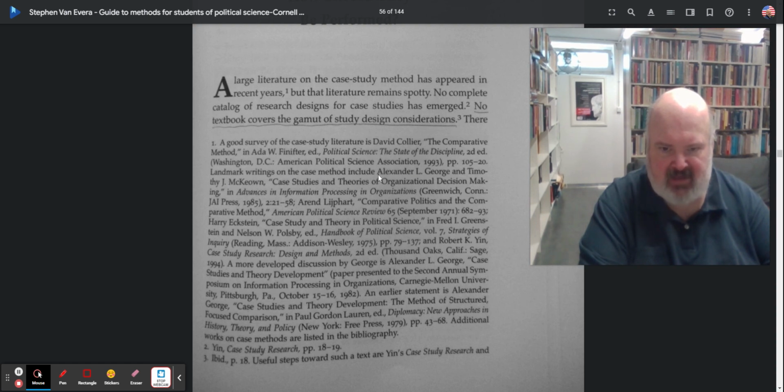Landmark writings on case study methods include Alexander George and Timothy McKeown, Case Studies in Theories of Organization Decision Making, Lijphart's Comparative Politics and the Comparative Method in the 1971 edition, Hal Jacobson's Case Studies in Theory of Political Science, and the Handbook of Political Science by Greenstein and Polsby, and also Strategies of Inquiry, and Robert Yin's Case Study Research: Design and Methods, Sage edition.